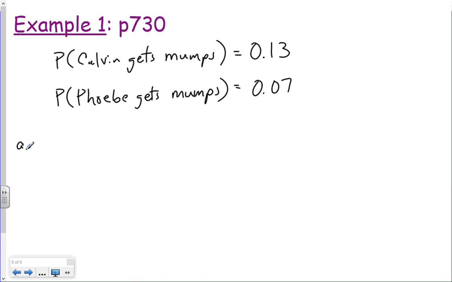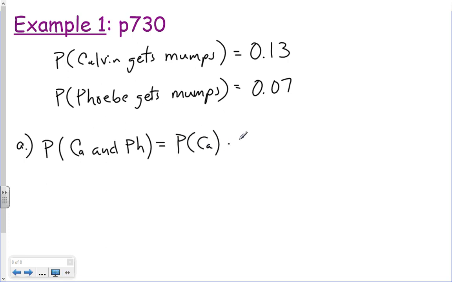So for part A, probability of both Kelvin, I'm going to call it CA and PH here. I've already got a P in the problem there, so I don't want to use just P for Phoebe. So the probability that Kelvin and Phoebe both get the mumps, well, that's just the product of these two. It's the probability that Kelvin gets the mumps times the probability that Phoebe gets the mumps.